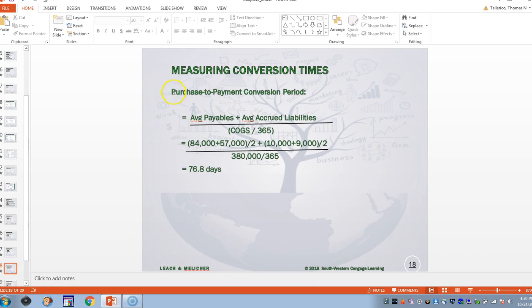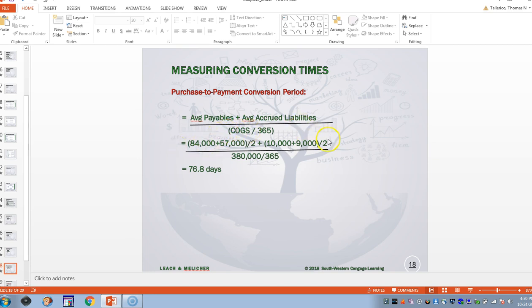All right. And then we have the last one, which we're going to subtract. And this is number 3, our purchase to payment conversion period. And how do I get this? I take my average accounts payable off of the right side of the balance sheet plus my average accrued liabilities, right? Divide that by my cost of goods sold off my income statement.